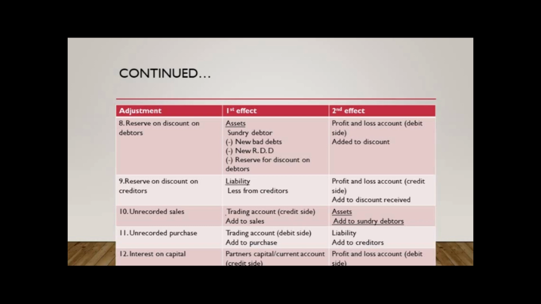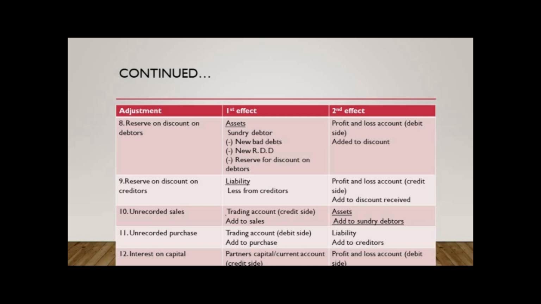The next is interest on capital. This adjustment is related with the partners, and therefore the first effect will come here, partners capital account credit side. And if we have opened partners current account, then also it will come here, partners current account credit side. But students, always remember, interest on capital is always charged on the capital amount, not on the current amount.